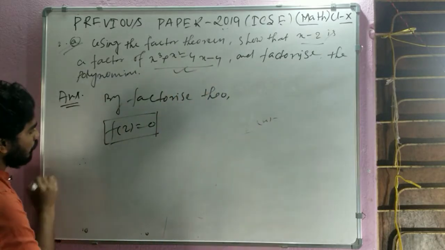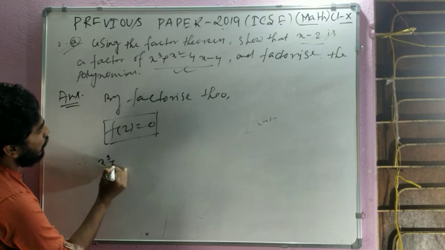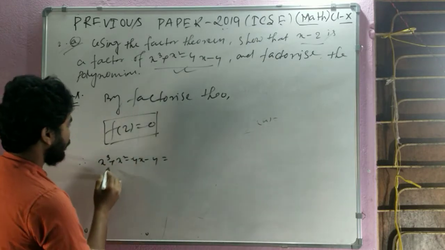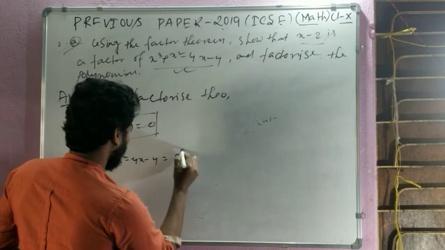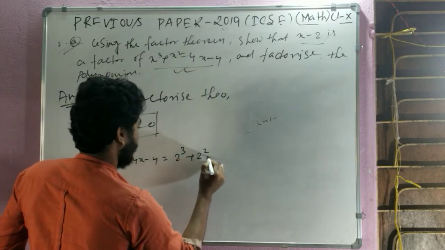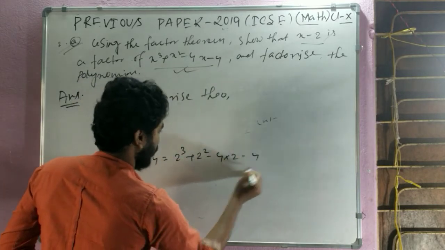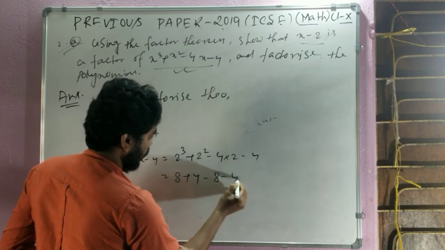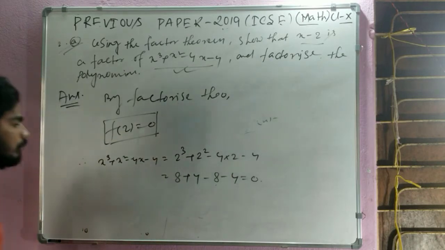So x cube plus x square minus 4x minus 4, with x equal to 2: 2 cube plus 2 square minus 4 into 2 minus 4. 2 cube is 8, plus 4, minus 8, minus 4 equals 0.